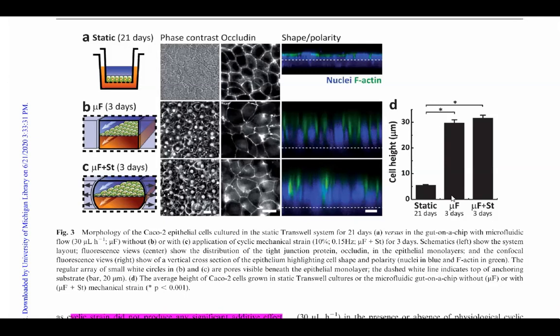And when they increased from 30 microliter per hour up to 100 microliter per hour, they realized that increasing this flow rate more and more doesn't increase the cell height significantly. So 30 microliter per hour was kind of an optimized flow rate for this device, and it was actually in the range of the flow rates that the epithelial cells are experiencing in the intestine.